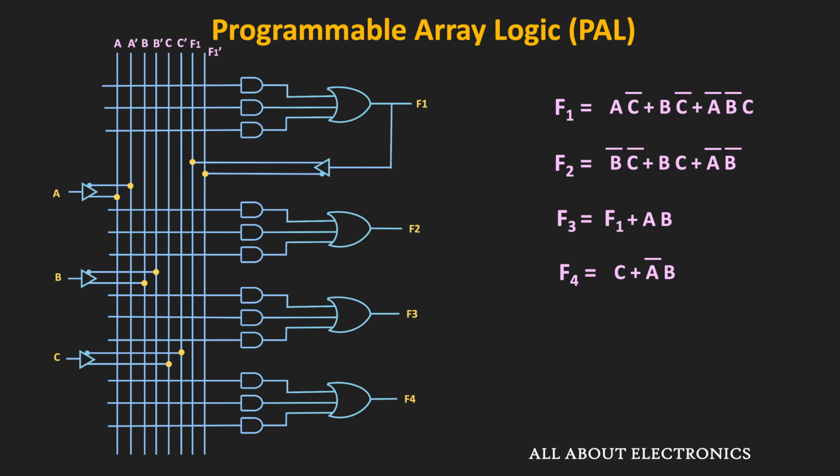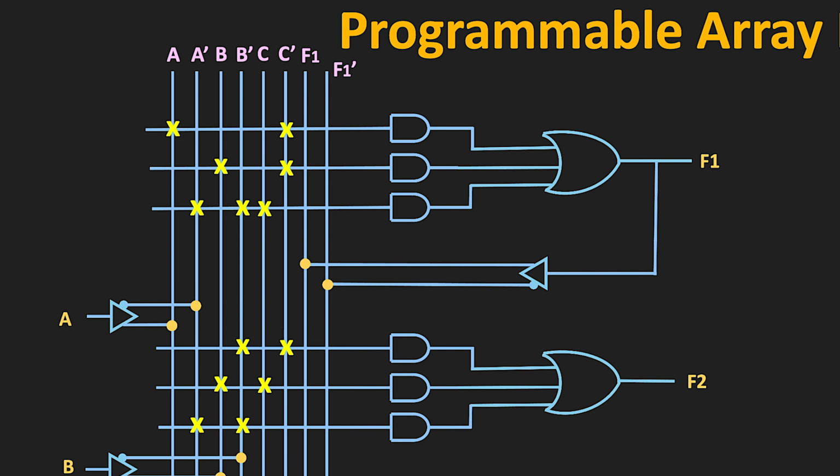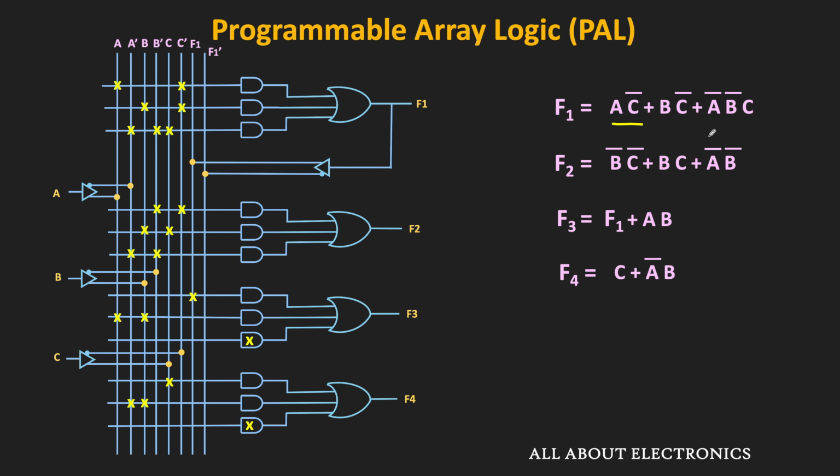So here, to implement the function F1, we require the 3 product terms. And out of the 3 product terms, the first required product term is equal to AC bar. So here, only A and C bar are connected with the first AND gate. And if you see the remaining connections, then they are removed from the first AND gate. Likewise, the second product term is equal to BC bar.